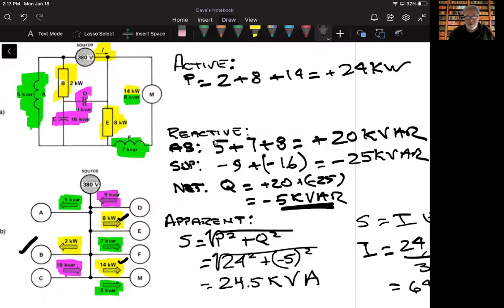So here's our final video on section 712 of this systems comprising several loads. What we figured out was that this 380 volt source delivered 24 kilowatts of active power, but at the same time received a net 5 kilovar of reactive power.